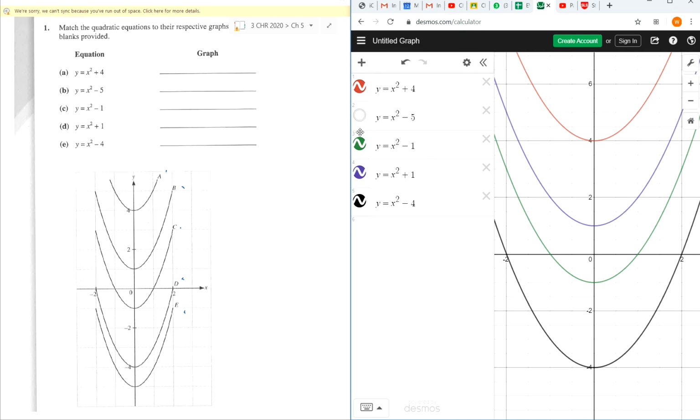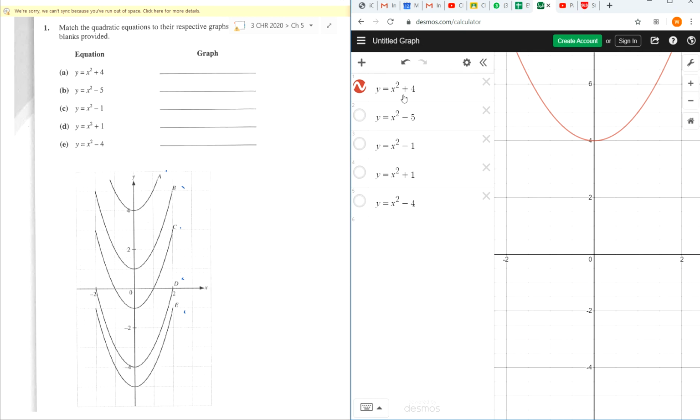So let's take a look at the first graph for x squared plus 4. Okay, do you see which graph this belongs to? It corresponds to graph A. How do we know? What exactly do we look at? We focus on the y-intercept, where it cuts our y-axis. It cuts at y equals 4.